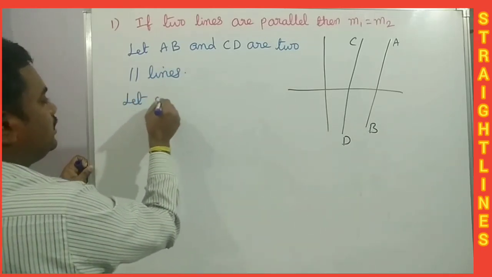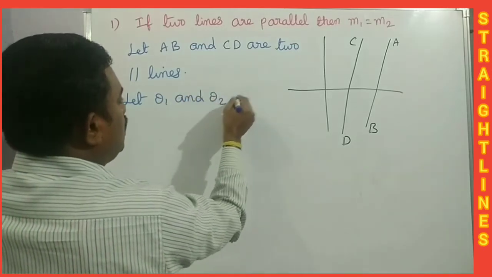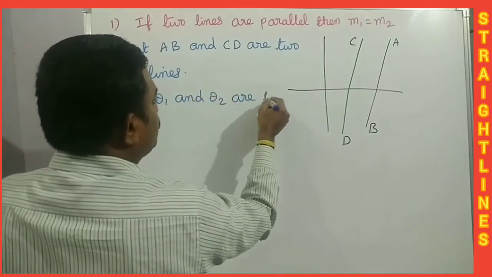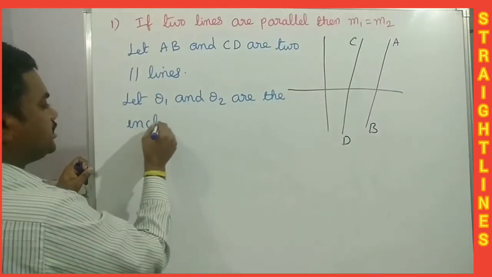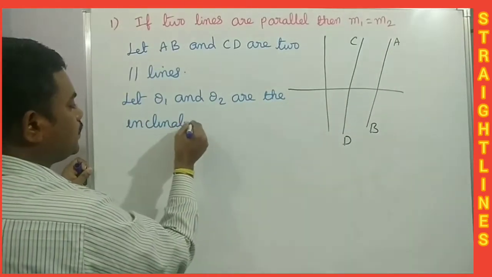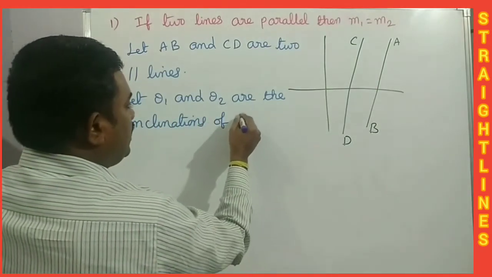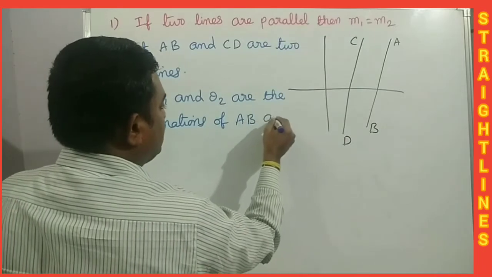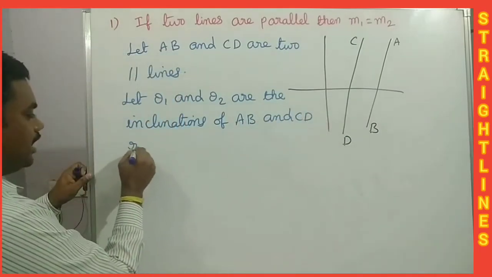Let theta 1 and theta 2 be the inclinations of AB and CD respectively.